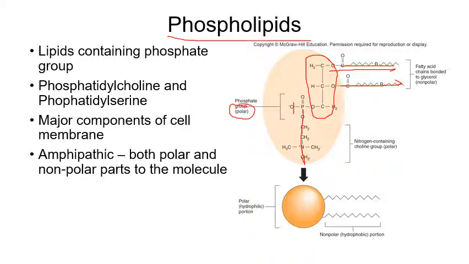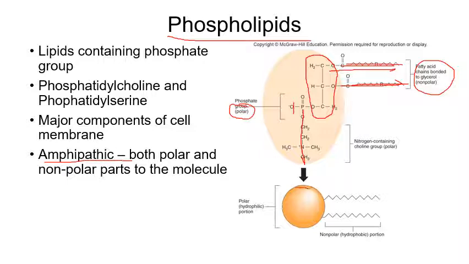Okay. But if you remember, these long chains of carbon that make up our fatty acids are nonpolar. So in this molecule, we actually have two different things going on. Amphipathic. Okay, we have a polar end.